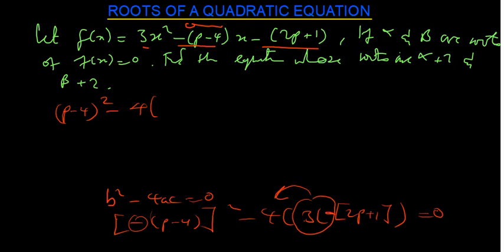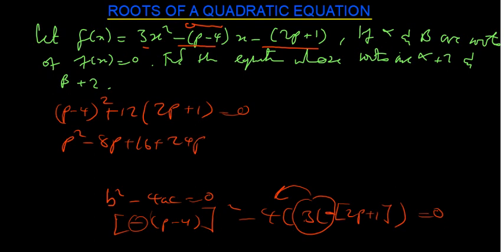So let me just write that positive 12. Then we are multiplying with what is inside, that is the (2p plus 1), which should be equal to 0. Okay, so that is going to give us p squared minus 8p plus 16 plus 24p plus 12 is equal to 0.